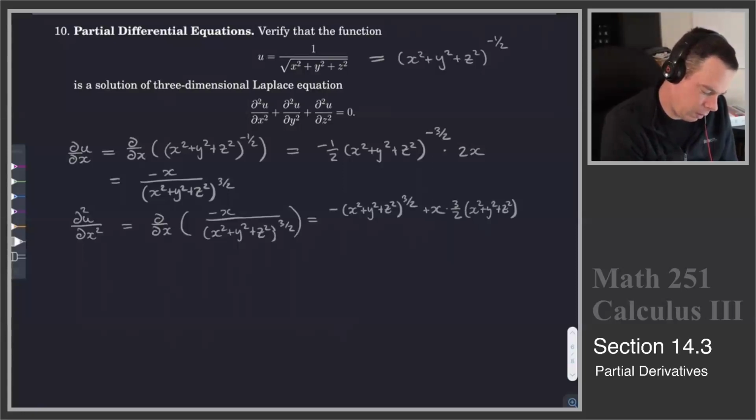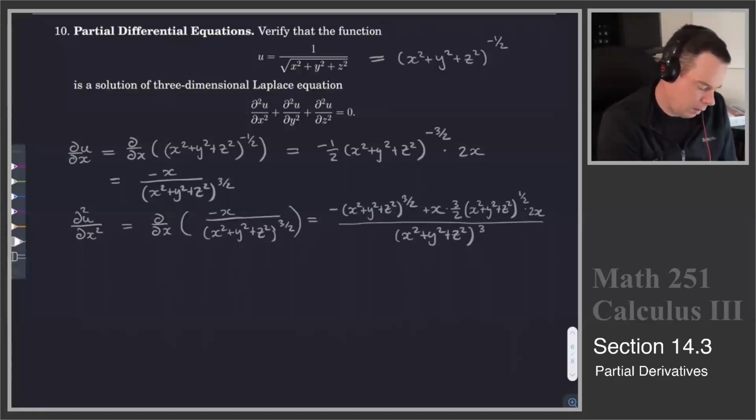So that will be 3/2 minus 1, so that'll be a half, times the derivative of the inside, which is 2x. All of that is over the bottom squared, x squared plus y squared plus z squared cubed. And now we'll just do a little bit of cleanup.